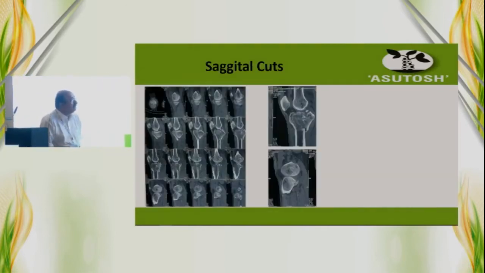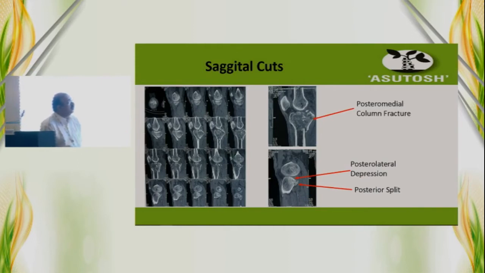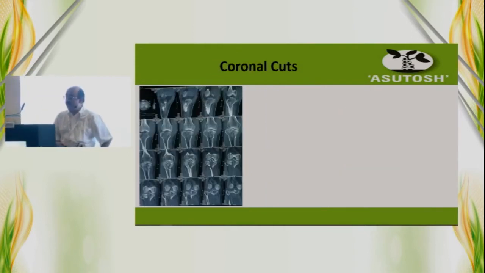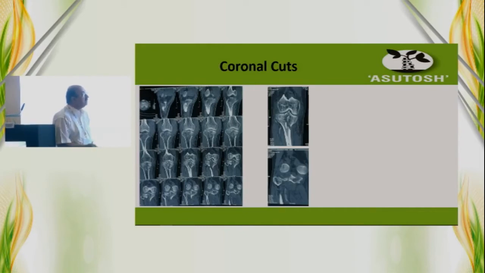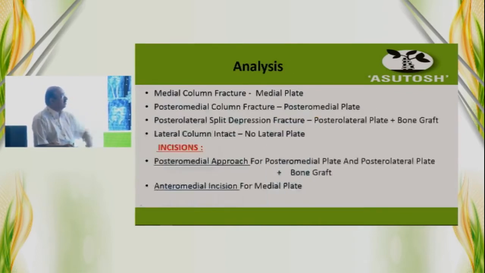I look at the sagittal cuts, and there is a posteromedial column fracture, there is a posterolateral depression, and also a split. I look at the coronal cuts, and here I see a medial column fracture and a posterolateral fracture on the other cut.